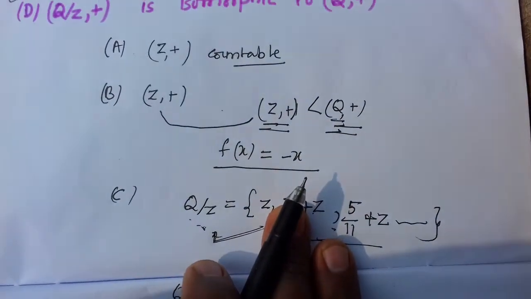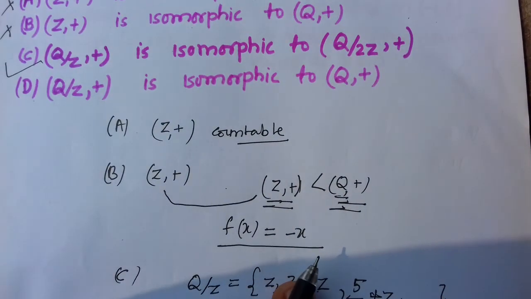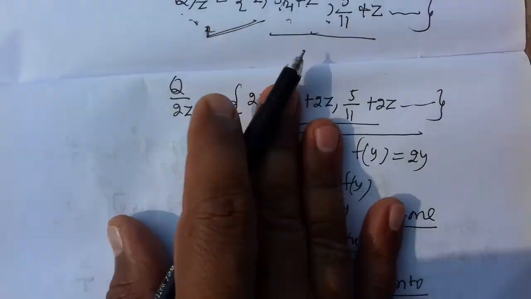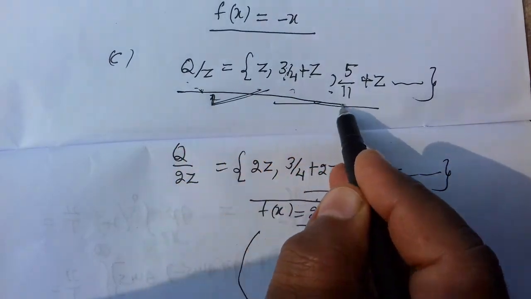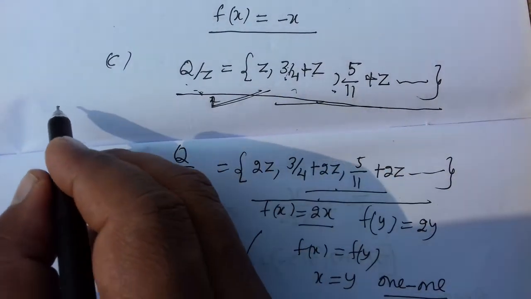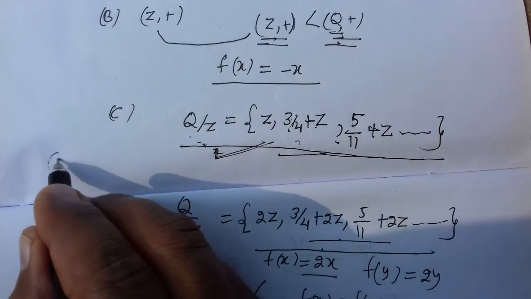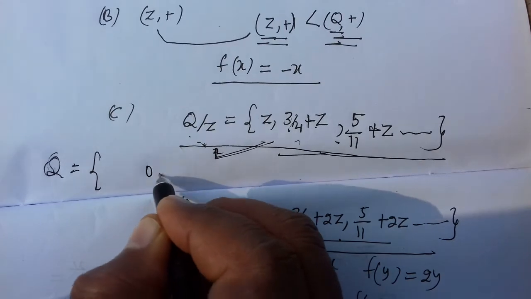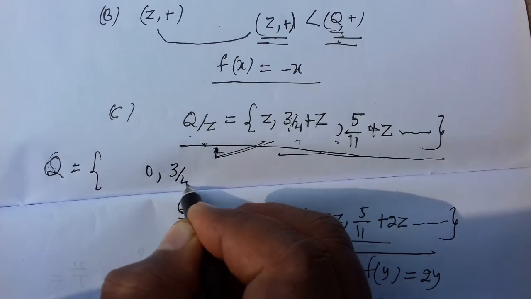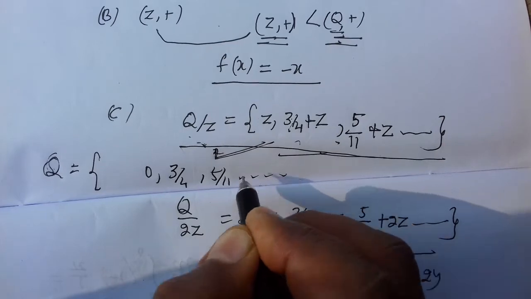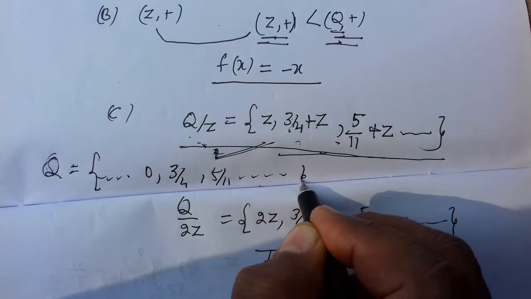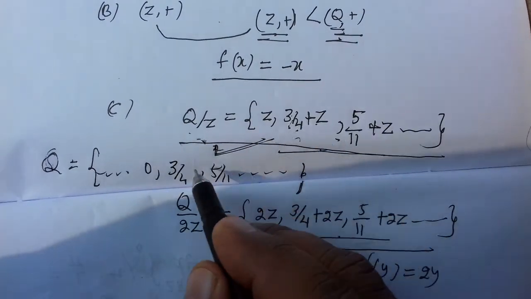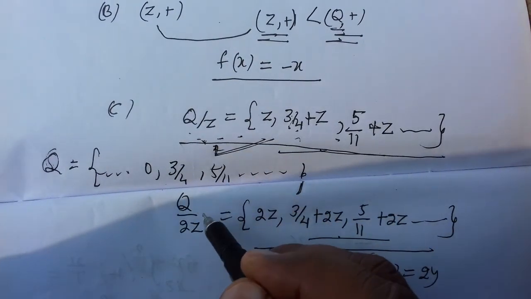Now the last one. In the last one you see Q by Z plus and Q. So Q by Z is already here. You see this is Q by Z. And if you take Q, we have to compare Q by Z and Q. You know Q is 0, any rational number 3 by 4, 5 by 11, and so on, and also you may take negatives. We have to show that these two are isomorphic or not.